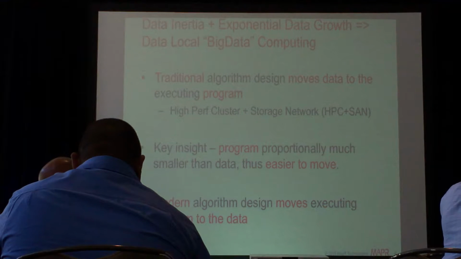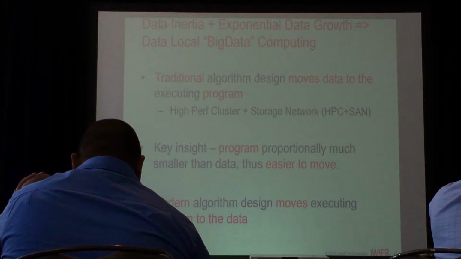So the traditional way of doing computing is more of a naive approach. This is usually what's taught in standard algorithms, where you have an algorithm executing in some loops, let's say a procedural program, and you're pulling data into the algorithm from wherever the data to be operated on is stored.